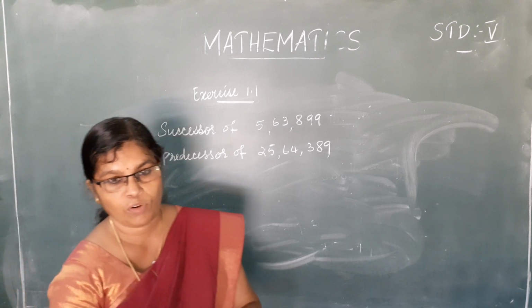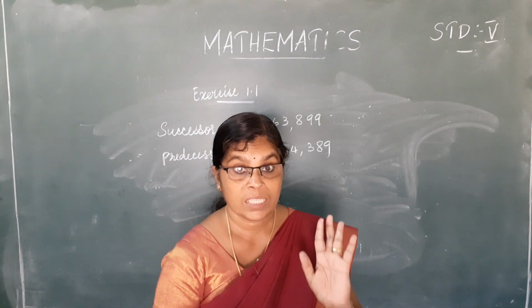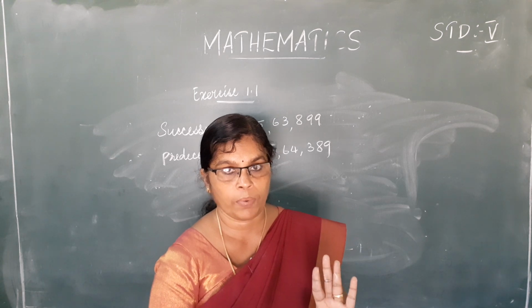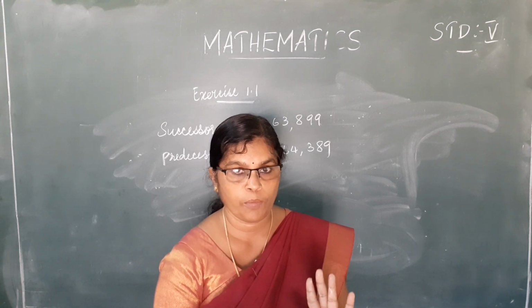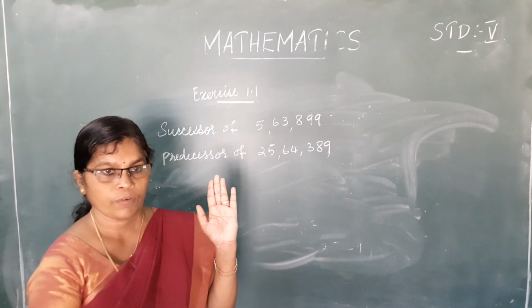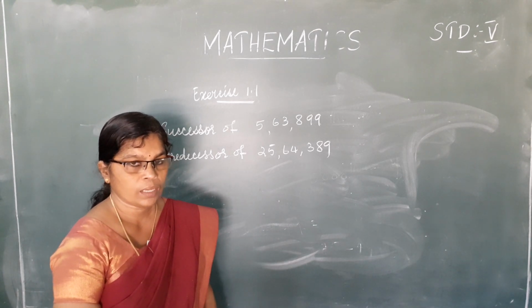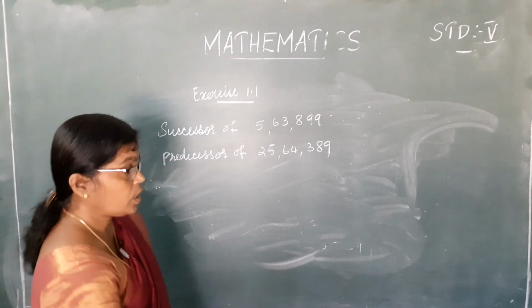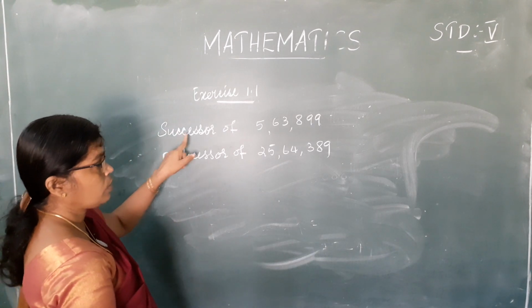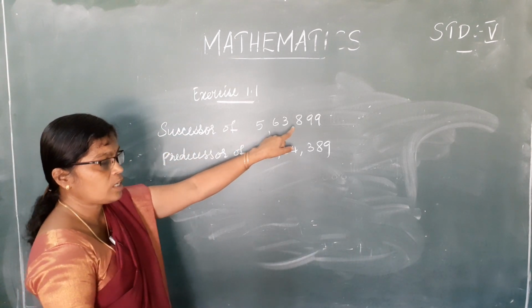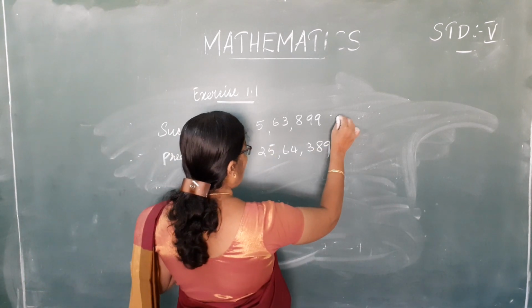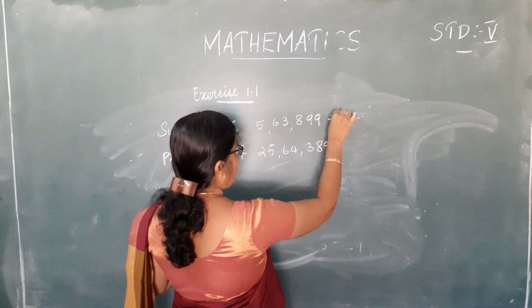Children, be careful when you write the spellings of successor and predecessor. Write properly. Don't make mistakes. Many of you have made mistakes in the spellings of successor and predecessor. So the successor of 5,62,899: you have to add 1 to it.